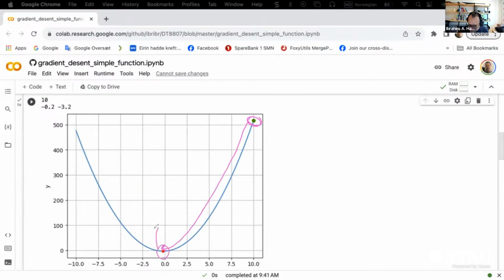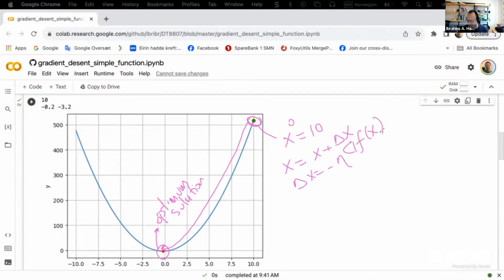So this is my optimum solution, correct? If you are starting from here, you will go down here. So we are starting with an initial value x0, for example, equal to 10. And after that, x equals x plus delta x. What is the value of delta x? Delta x equals minus eta multiplied by the gradient of f of x. So it will take some iterations until we get there.